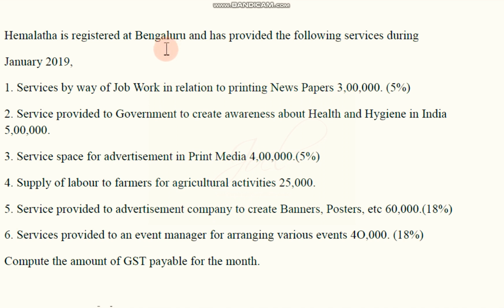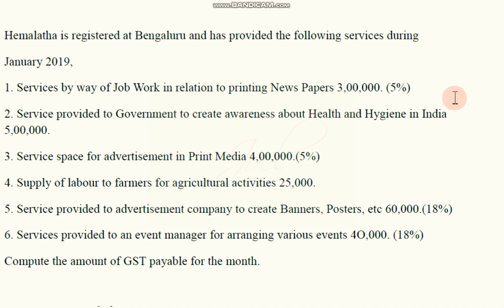Now what we have to see is whether any other places are given anywhere in the information, other than Karnataka. If it is given, then IGST is applicable. If it is not given, we assume that all transactions have taken place within Karnataka itself. When transactions take place within Karnataka, it is SGST and CGST.